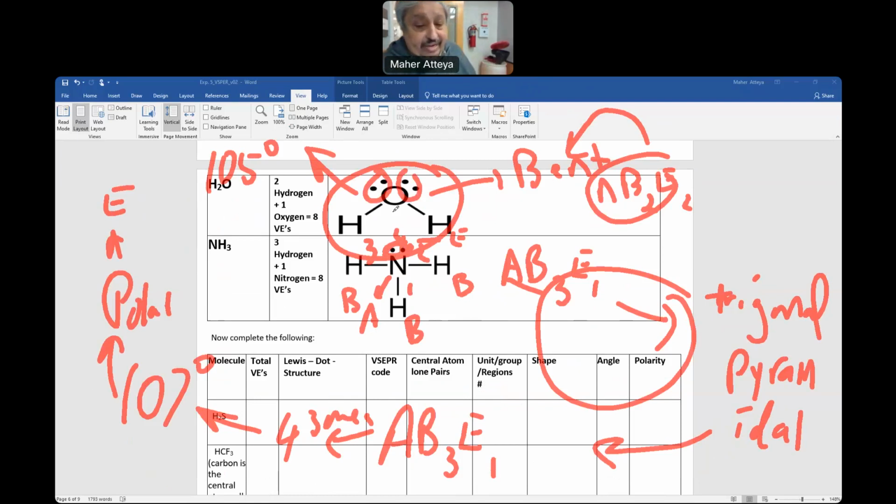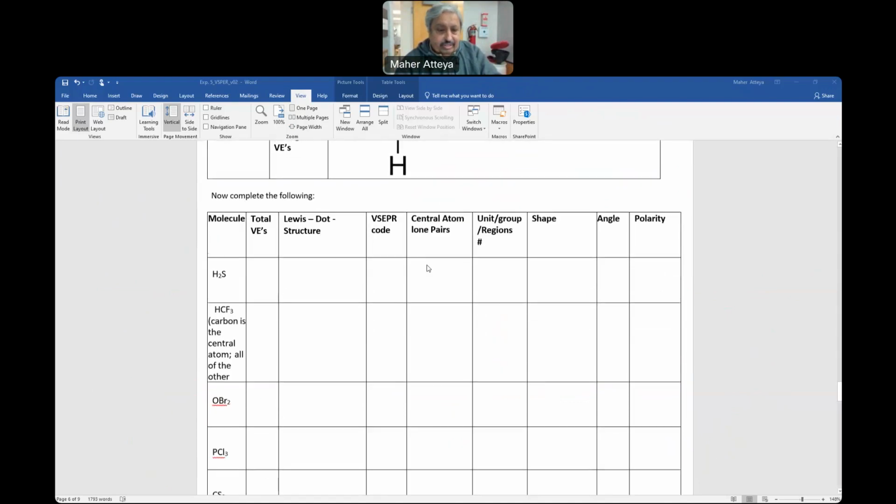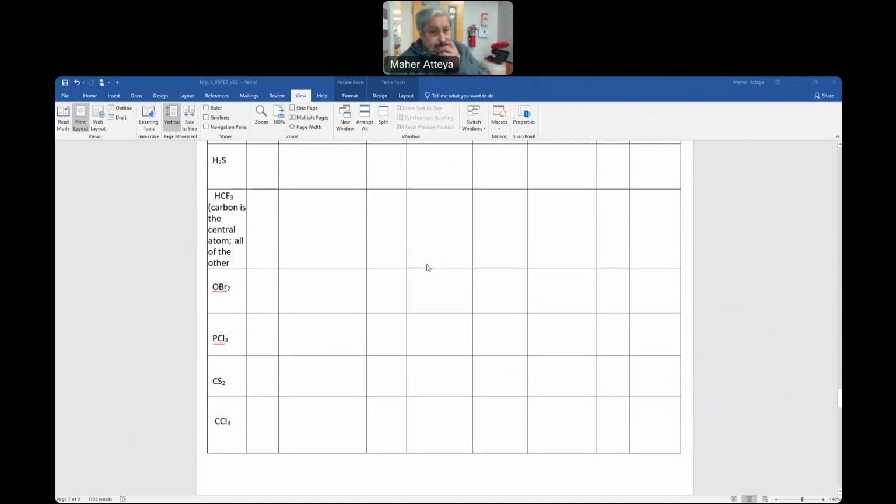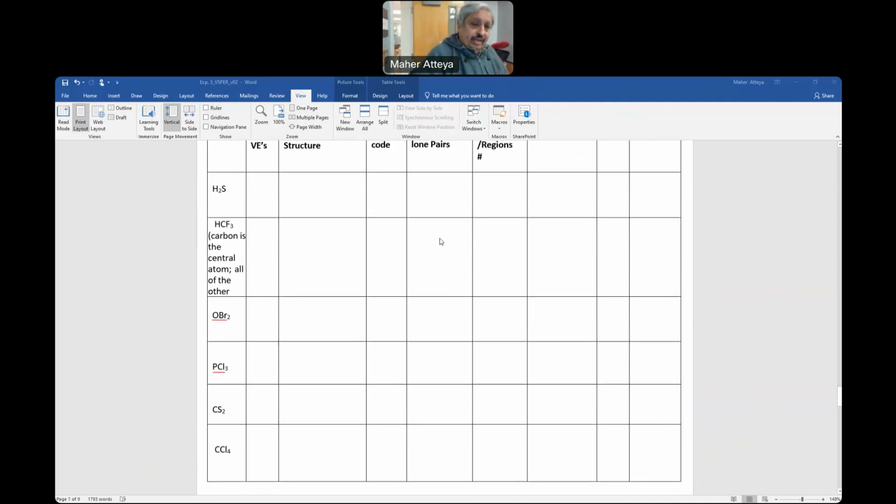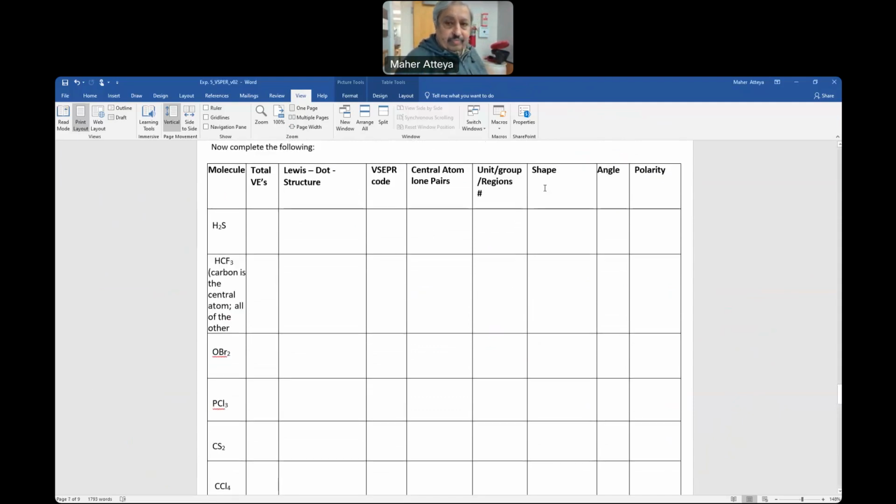Okay, so now we did all the stuff here as practice. Now let's do our actual lab. You can make a note after me, or you can just look at the video later on. So let's look at H2S. What is the structure? If you can't draw it by hand, I suggest you go to the website and Google the Lewis dot structure of H2S, and then just paste it here.